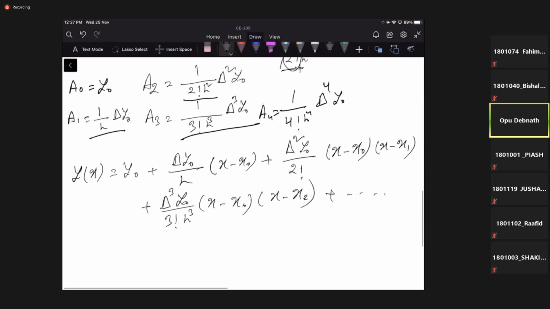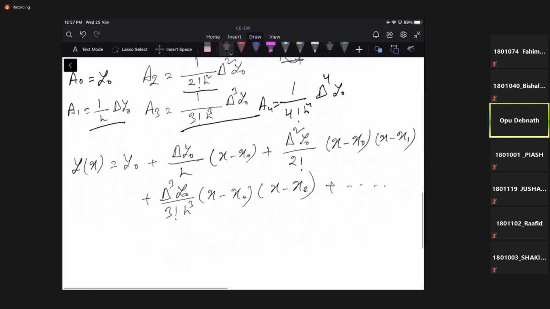Here another term we can put like this. Look here, one term is common: x minus x0 divided by h.